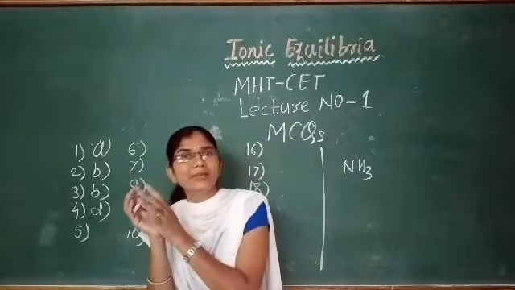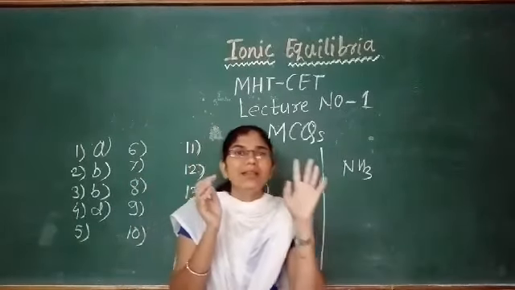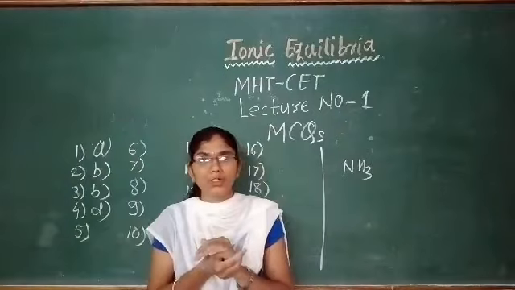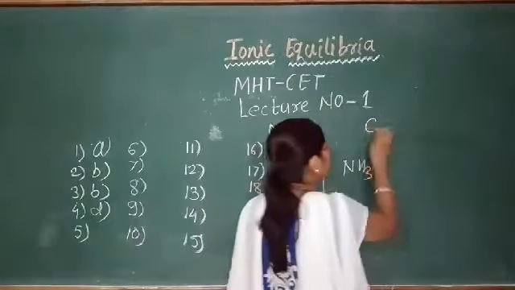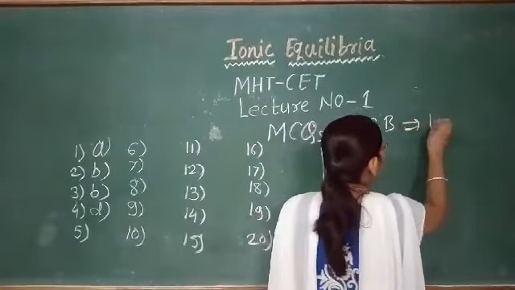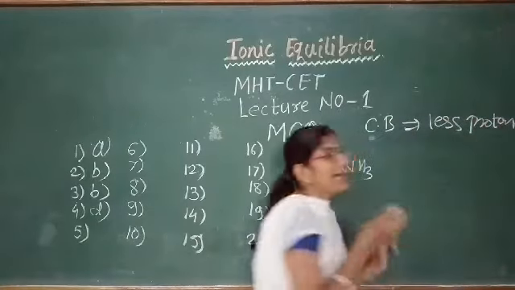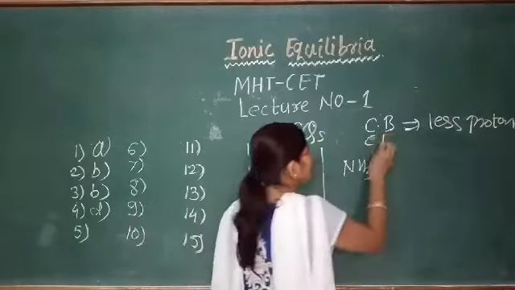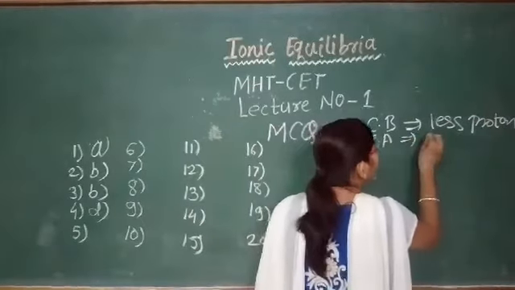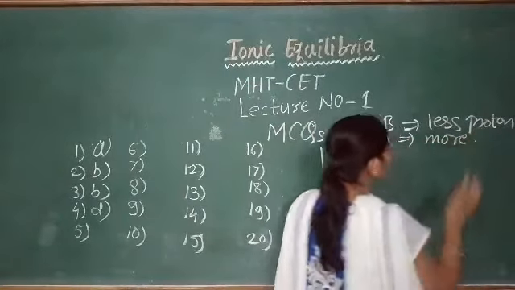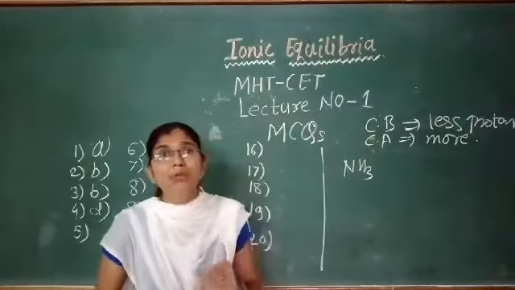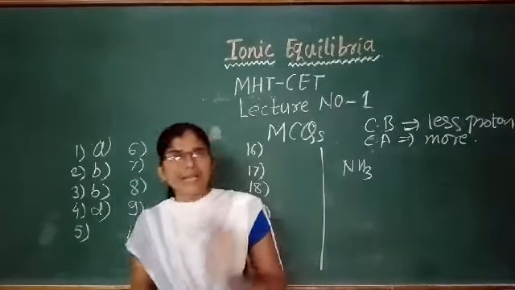The conjugate base has one less proton than the acid, and the conjugate acid has one more proton than the base.